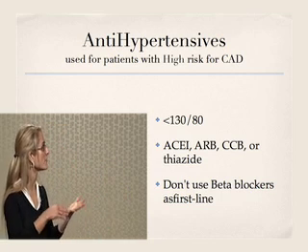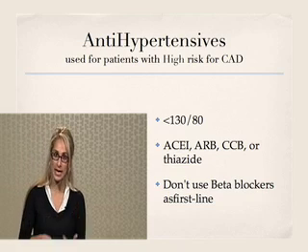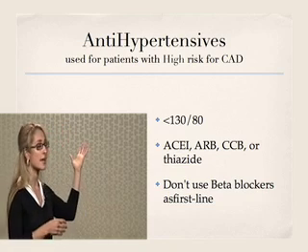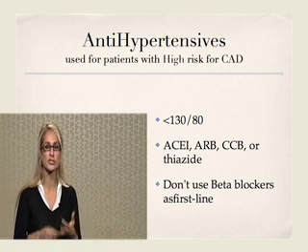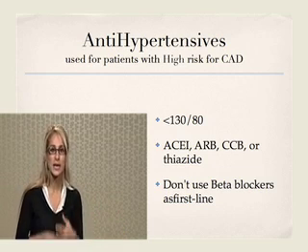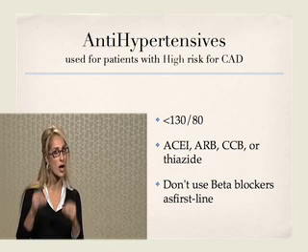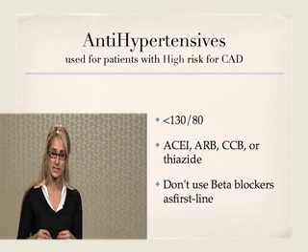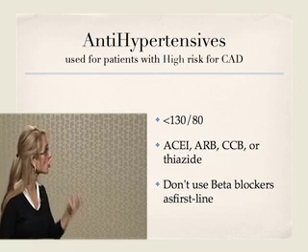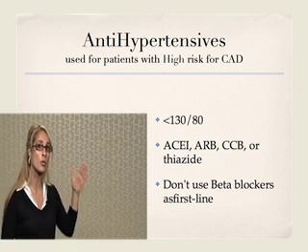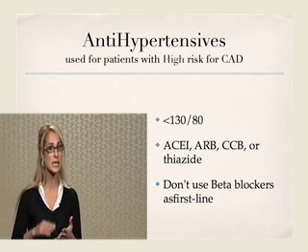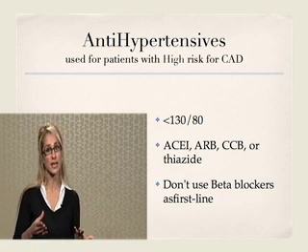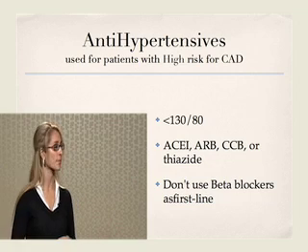Again, at this point, if you haven't started a thiazide, you start a thiazide. If I have other disease states, such as diabetes, of course, you're starting an ACE or an ARB. The reason we're using an ACE or an ARB with diabetes is to protect your kidneys. So your goal at this time is less than 130/80, and we can start with ACEs, ARBs, calcium channel blockers, and of course, thiazides.